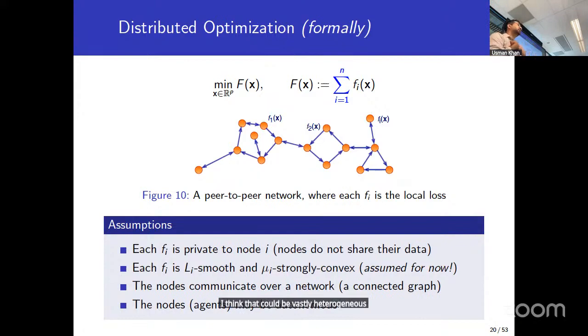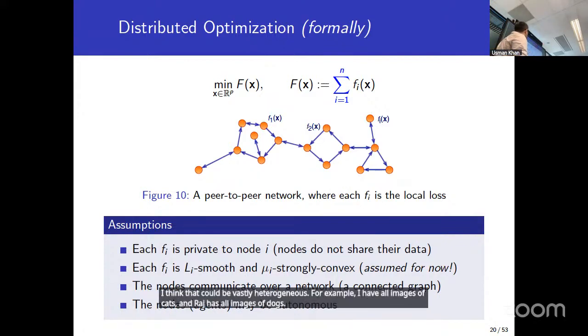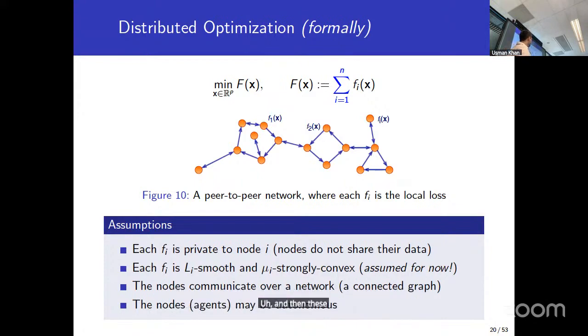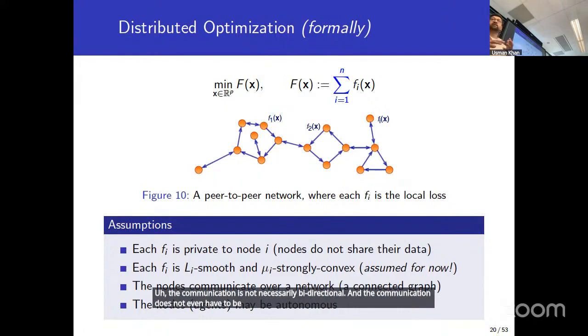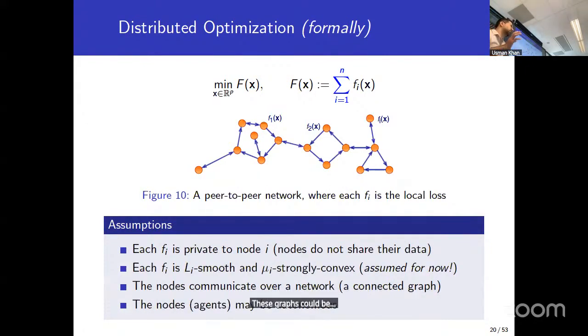For example, I have all images of cats and Raj has all images of dogs. And then these machines communicate with respect to some local network. The communication is not necessarily bidirectional, and it does not even have to be on a static deterministic known graph. These graphs could be random according to certain assumptions that we can introduce.